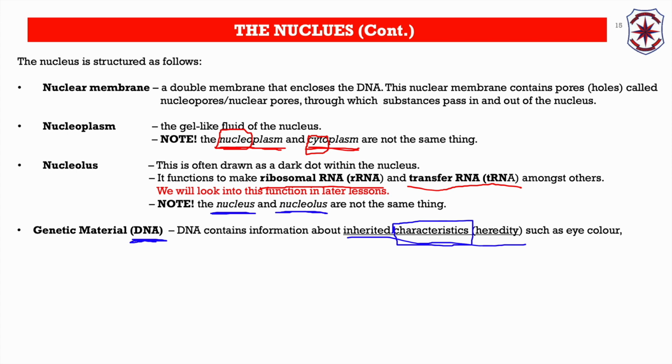The reason is that the codes for these characteristics are stored in DNA. The DNA of mom, like I said, is stored in her ovum or egg cell, and the DNA of dad is found in his sperm cells. During fertilization, they come together and they make us.